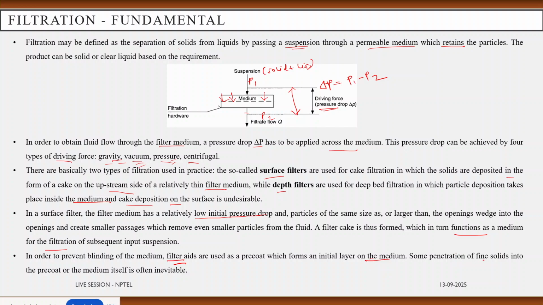Some penetration of fine solids into the pre-coat or the medium itself is sometimes inevitable. We cannot stop this process. But adding filter aids into the filtration system will definitely help to prevent the filter medium blinding issue.